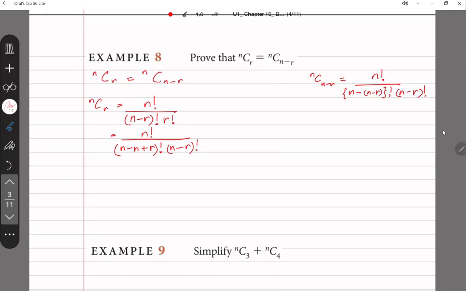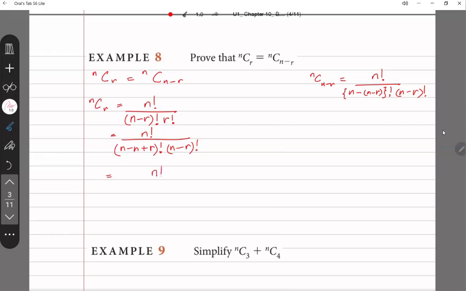All I did to r is to add n and minus n. So I changed r factorial to (n minus n plus r) factorial, which is still r factorial, because n minus n is 0.